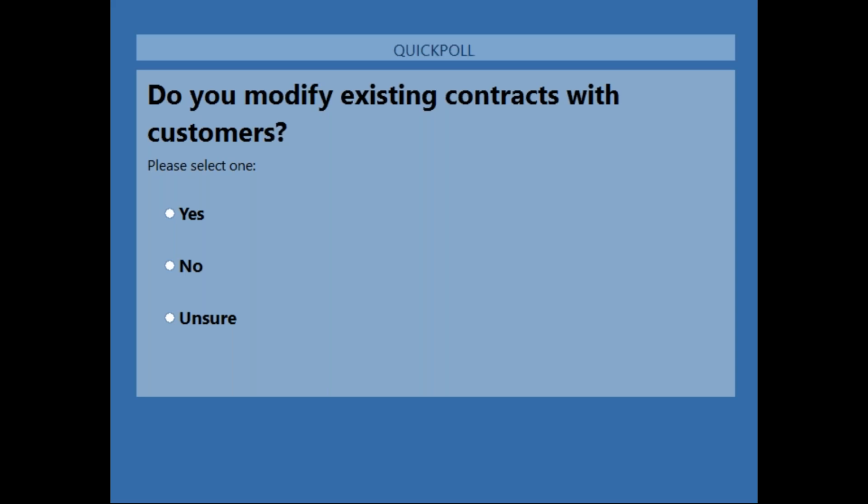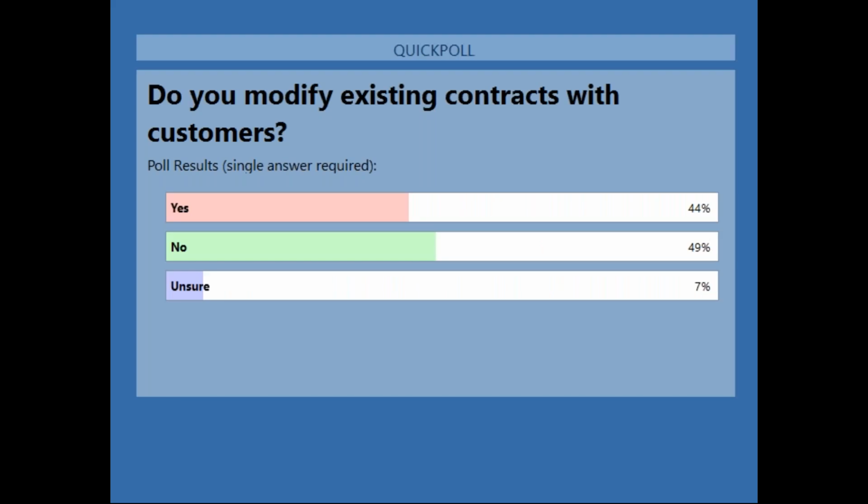That is very true. Now, Kevin, while the two of us were chit-chatting away, 52%, 53% of our attendees have voted. And I think maybe we should call it a close. This is a close call here. So the question, do you modify existing contracts with customers? If I share the results, 44% says yes, or what they're aware of, Kevin, and then 49% no, that's not how we do business, 7% unsure.